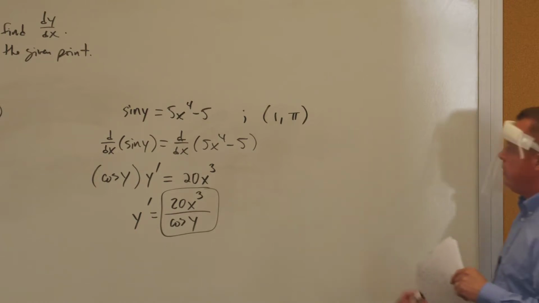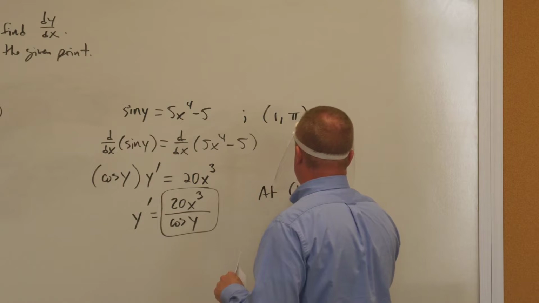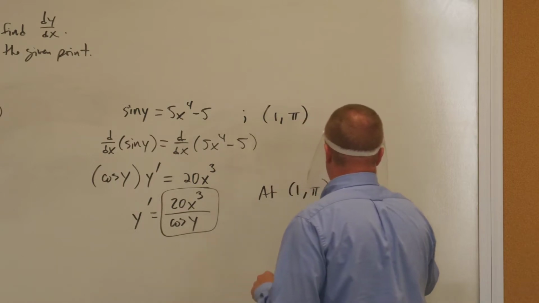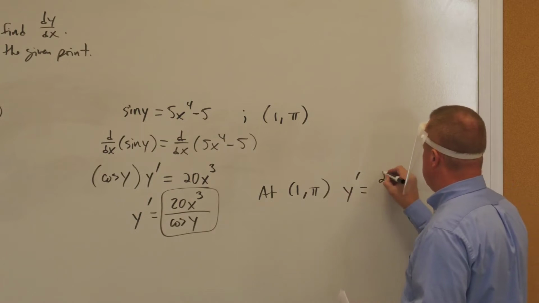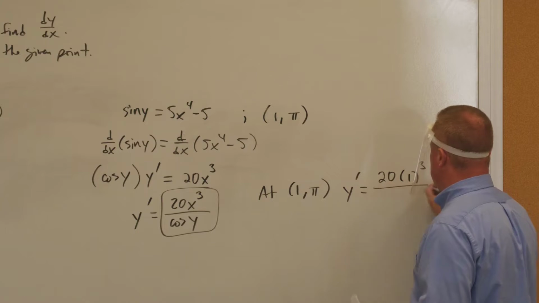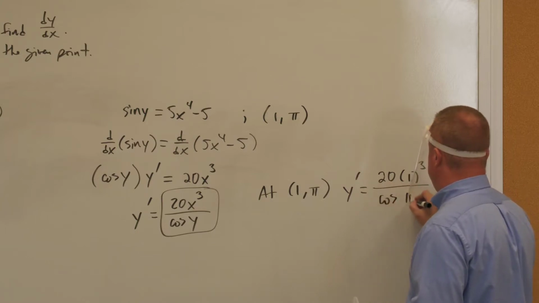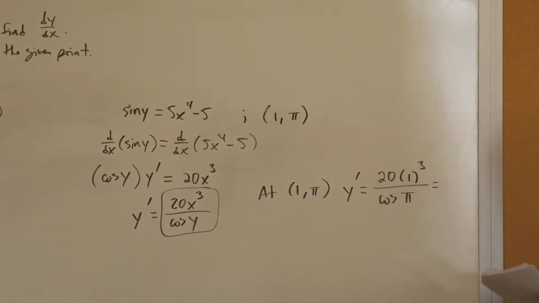Now, at the point (1, pi), y prime is equal to 20 times 1 cubed over the cosine of pi. What is the cosine of pi?